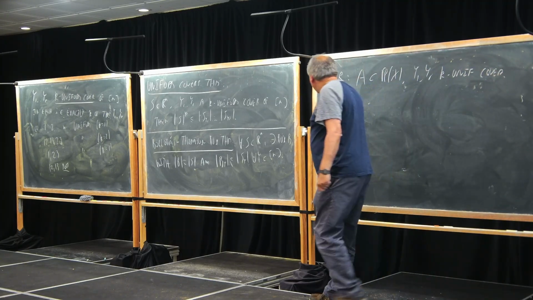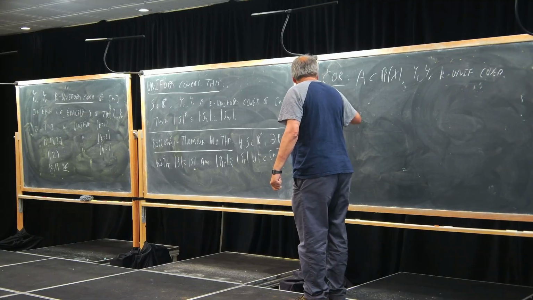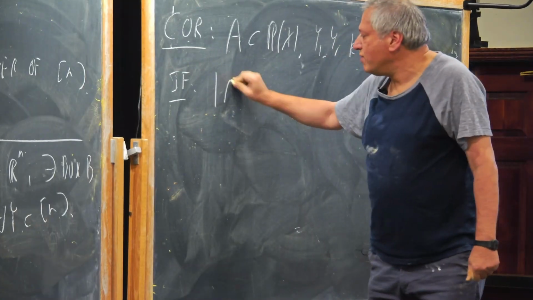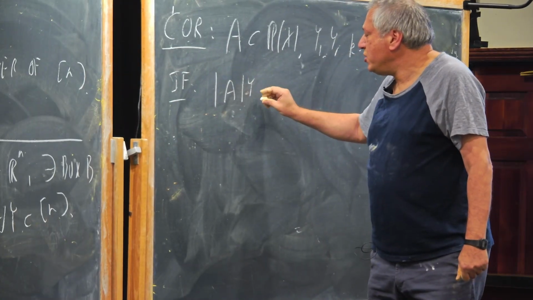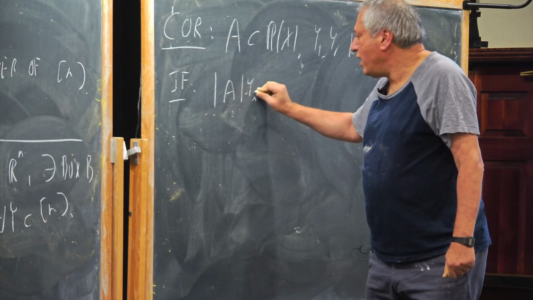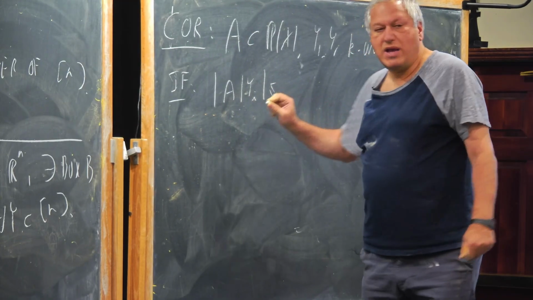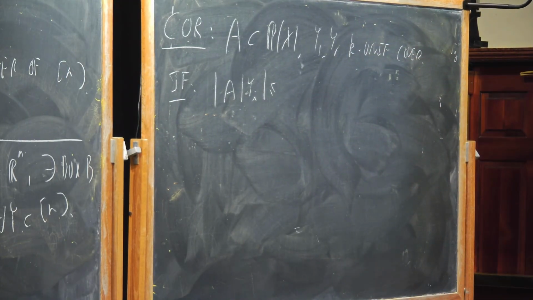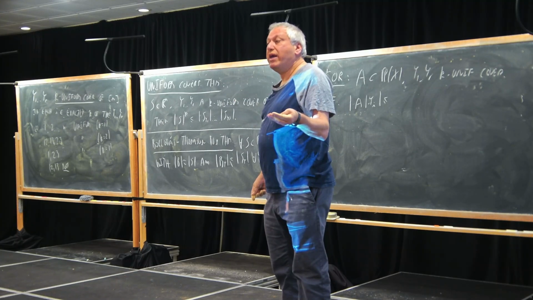It says if the size of A restricted to each Y_i. Now, how big can a projection onto Y_i be? At most 2 to the |Y_i|.